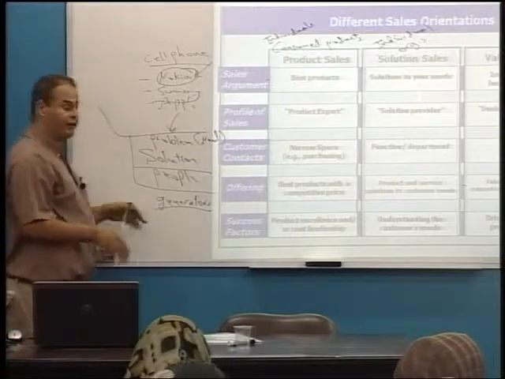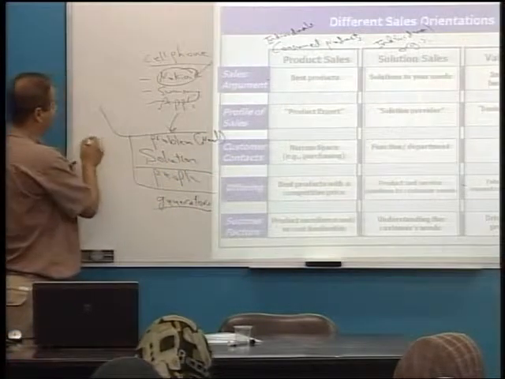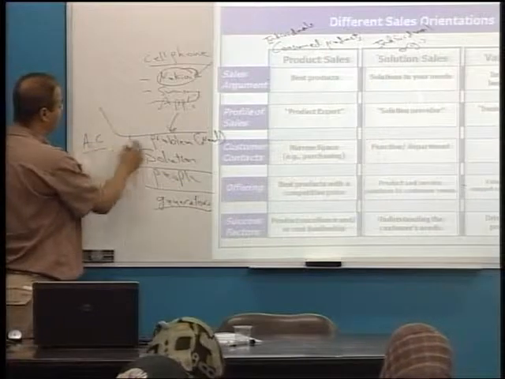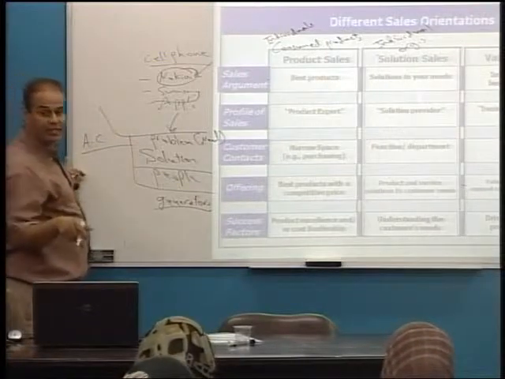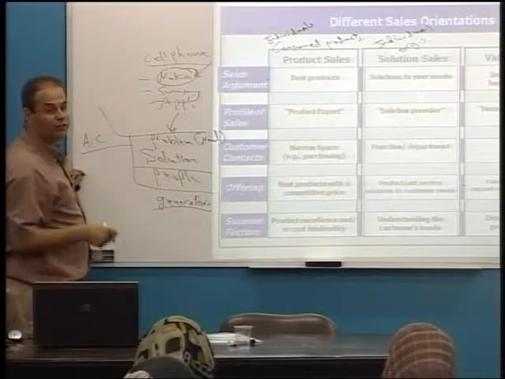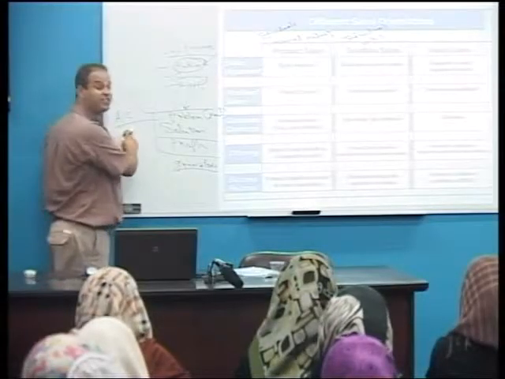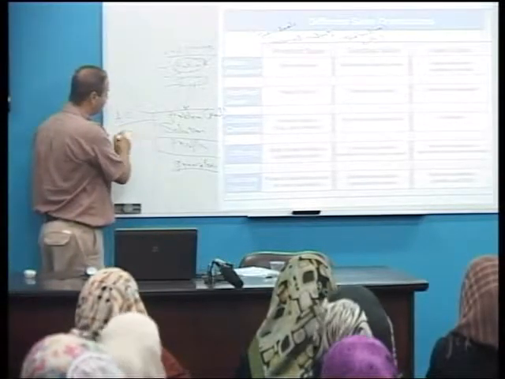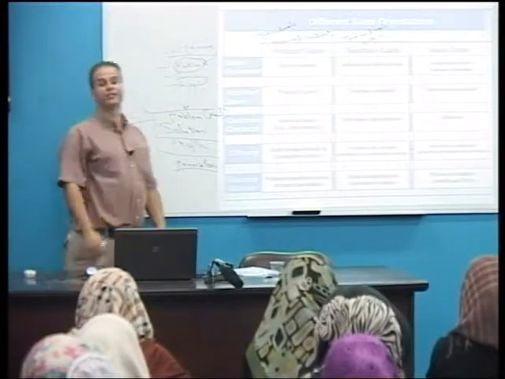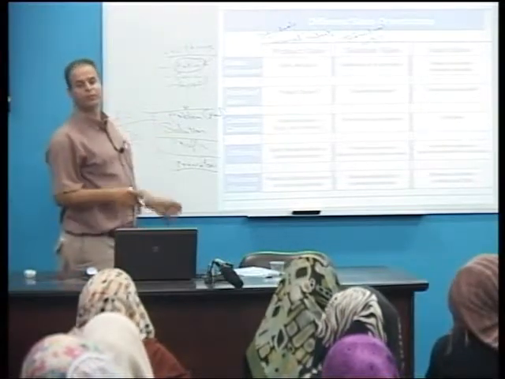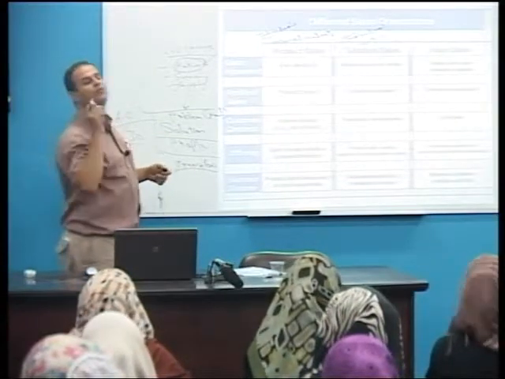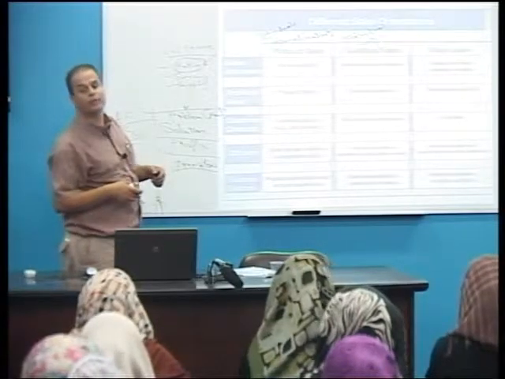The same thing applies to, for example, ACs, air conditioners. This year in the Gaza market, in spite of the shortage of electricity, AC sales increased by more than 30%. Somebody is going to wonder why. Because of the unbearable weather of summer.